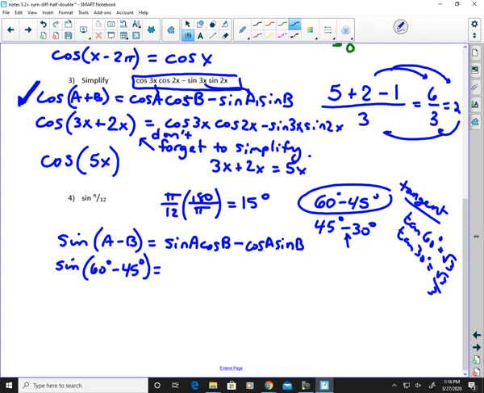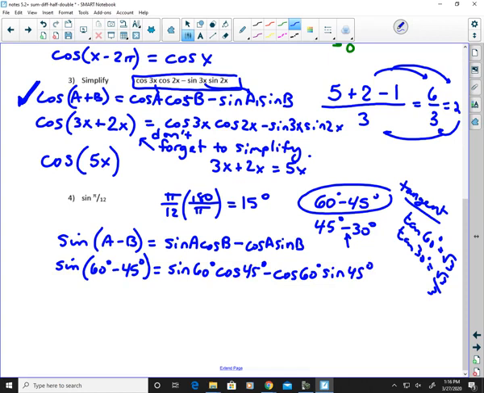And that would be putting everywhere where there was an A, I will put 60 degrees. Everywhere where there is a B, I will put 45 degrees. And I'm going through and writing all of those.